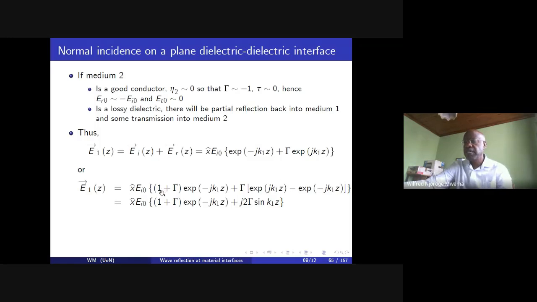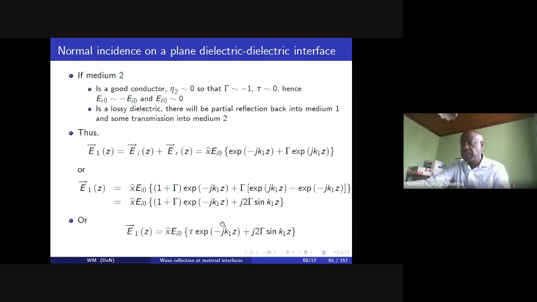And therefore, if we recall that 1 plus gamma is tau, then we can see that this equation reduces to x cap EI0 tau exponent of minus jk1z, and we see that this is a traveling wave component into medium 2, not a transmitted wave, plus this would be given as twice gamma sine k1z. This one does not look like that. We see that this one is a standing wave pattern, so to speak. So this would be a propagating wave component, and that is a standing wave.